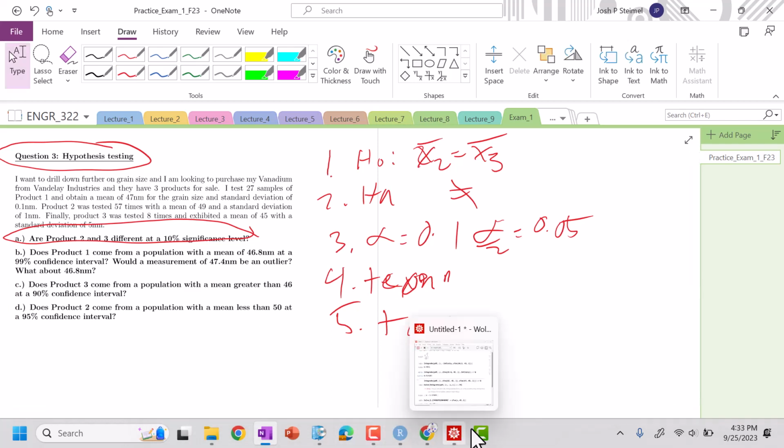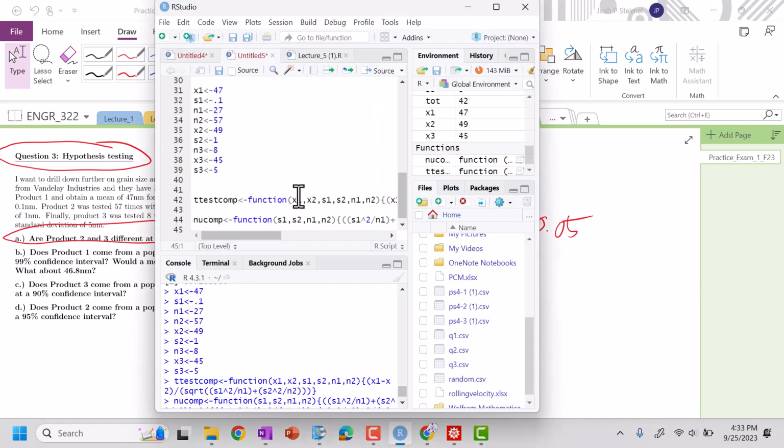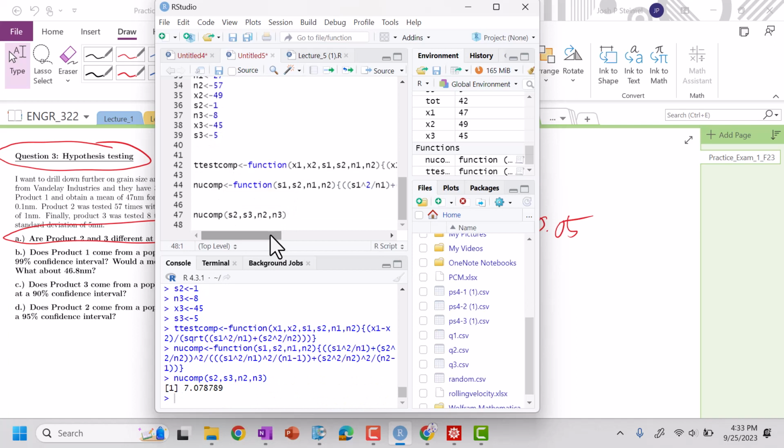Let's go ahead and calculate our nu right now. So I'm going to go into R. I'm going to use my nu comp. So nu comp, and then we're going to say S2, S3, and N2 and N3. We're going to calculate that there. Good.